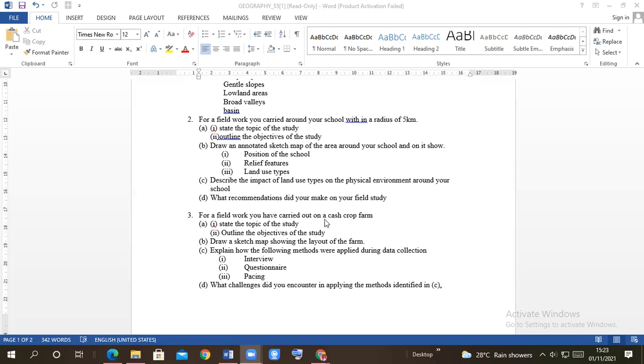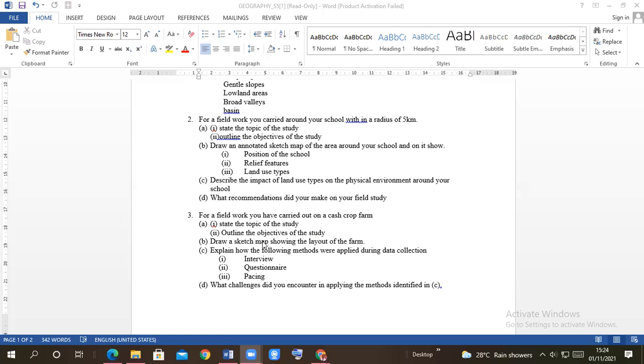Outline objectives we have seen. You just need to add that cash crop on each and every objective, say, to find out the location of Kasaku tea plantation. You may use Kasaku tea farm. Plantation is a farm.